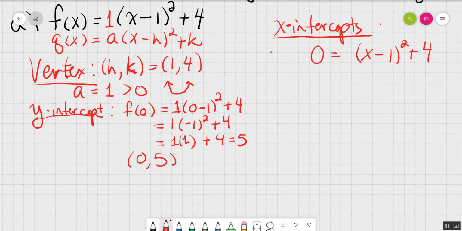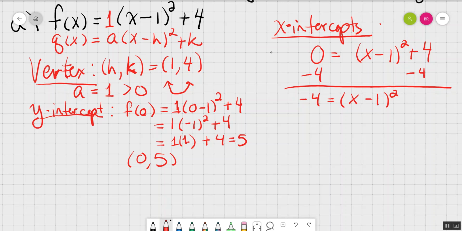Now, if you remember completing the square, at this stage, all I need to do is solve for x. So I'm going to do some algebra. I'm going to subtract 4. This was a completely bad choice for a problem, but that's okay. All right, so I've got something equal to a square.